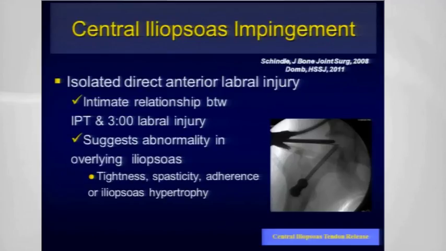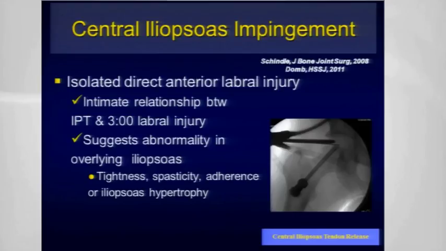Well, what's the significance of central iliopsoas impingement? So you diagnose a labral tear on your MR examination. The surgeon goes in to arthroscopically repair or debride the labrum, and they go in there and they see that the iliopsoas is thickened and kind of rubbing up against that anterior labrum, and you have synovitis there.